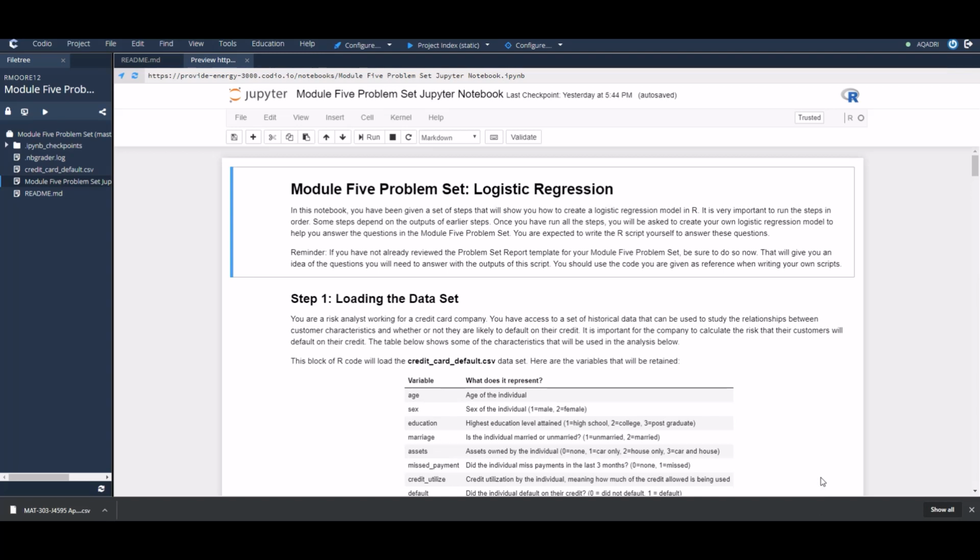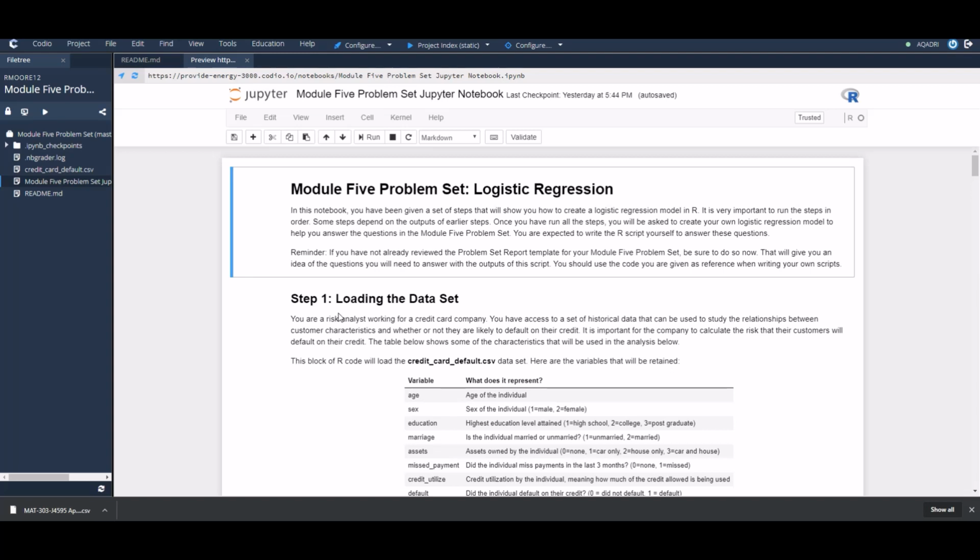So this week we will work with a new data set, and let's just go through the scenario in step one. We are a risk analyst working for a credit card company, and we have access to a set of historical data that can be used to study relationships between customer characteristics and whether or not they are likely to default on their credit.